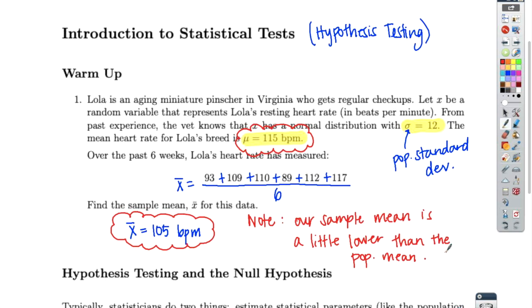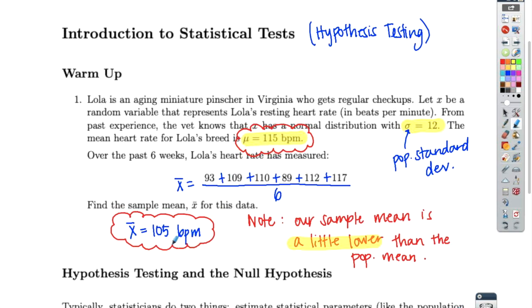The real question, and the entire question in this entire chapter, is about this phrase: our sample mean is a little bit lower than the population mean. Basically, is it too low? Is it concerningly low? Or is this just a normal fluctuation in the mean?